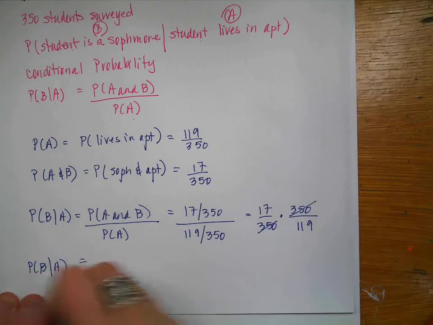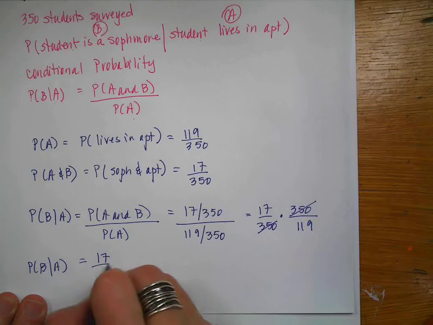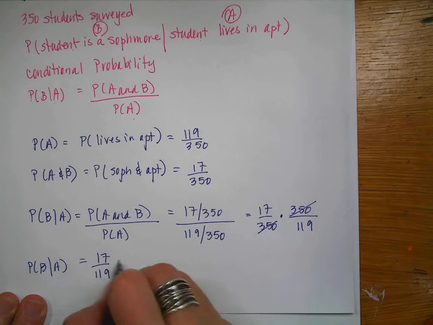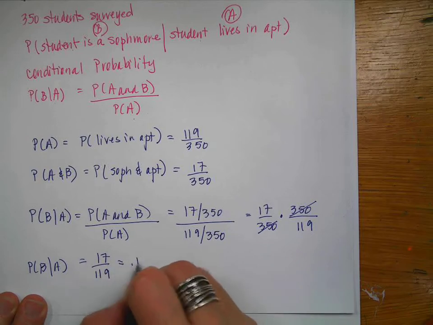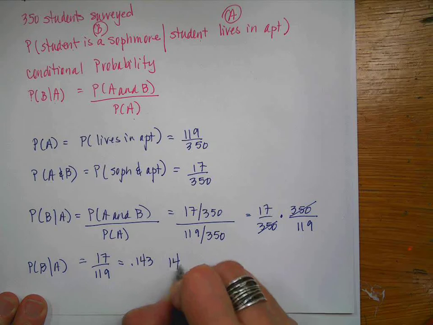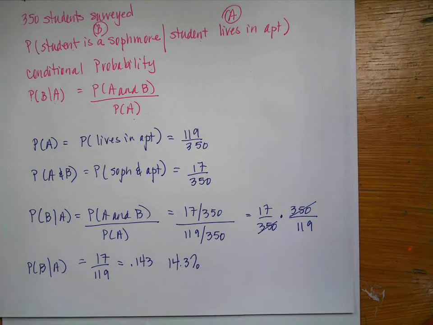The 350s can cancel, and so I get that my probability of B given A is going to be 17 out of 119, which is 0.143, which is 14.3%. Alrighty, so that would be the probability of our sophomores that live in an apartment.